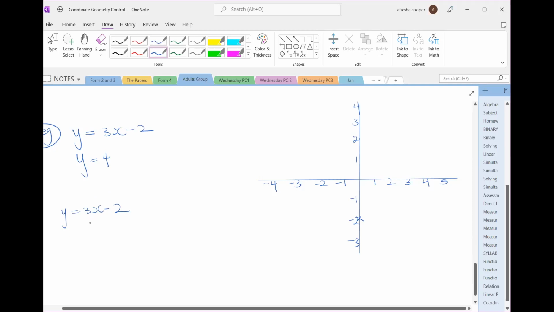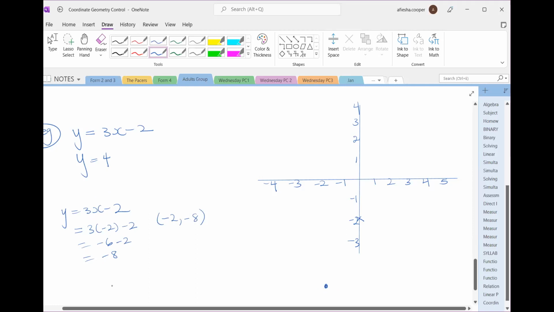So for -2, y will be equal to 3 by -2 minus 2. That's -6 minus 2, that's -8. So your first coordinate is -2, -8. So that's all the way down here.